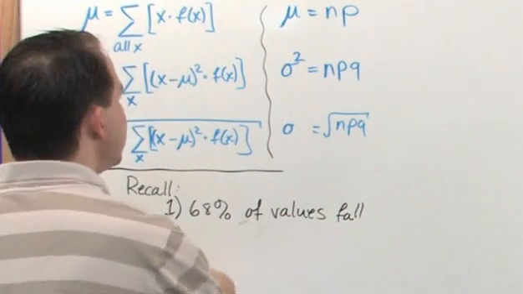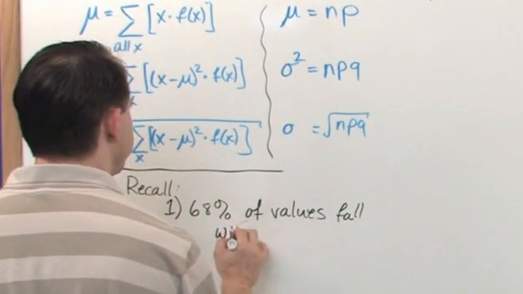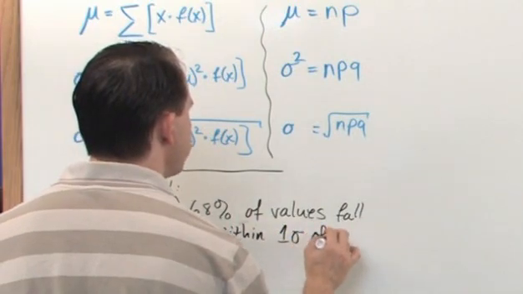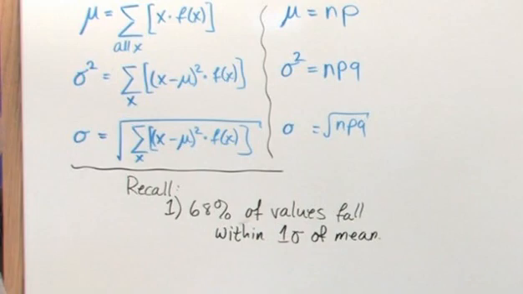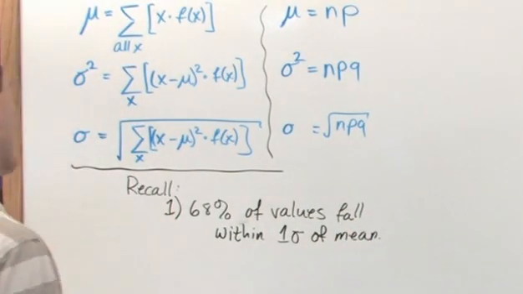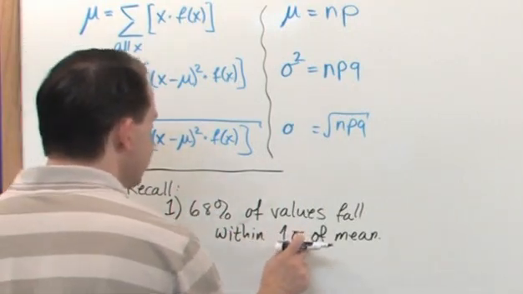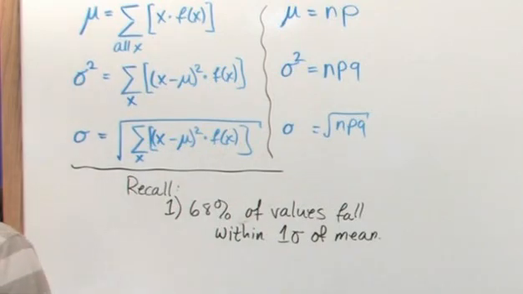This is just a fact. I'm going to draw you a picture in a second, but that's why the standard deviation is useful. It's giving you a measure of how spread apart your values actually are. So no matter what you calculate for sigma, 68% of the values are going to fit within plus or minus 1 sigma.